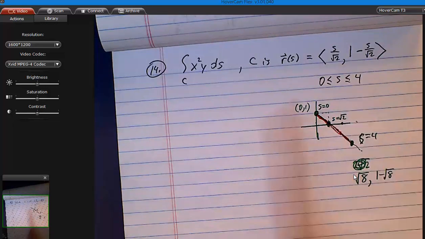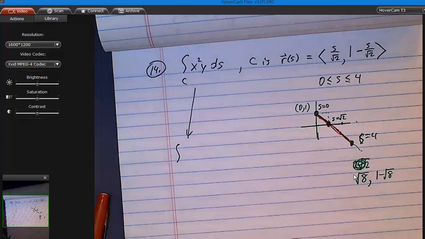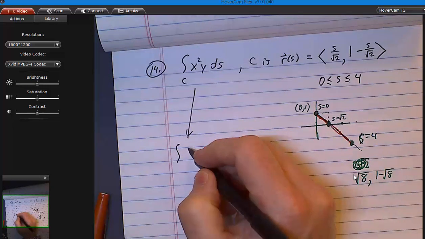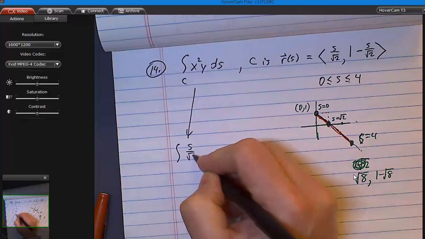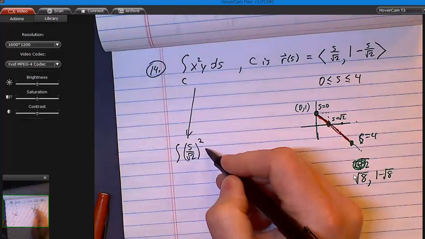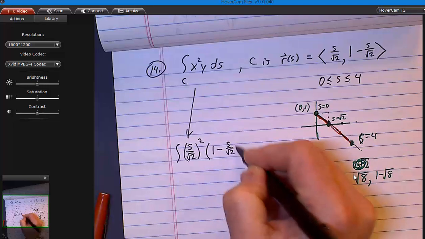But if I'm given the parameterization, now I can go ahead and substitute in. So here I go. We're going to integrate. And so x, of course, is given by s over square root of 2, and that's being squared. And y is given by 1 minus s over square root of 2.